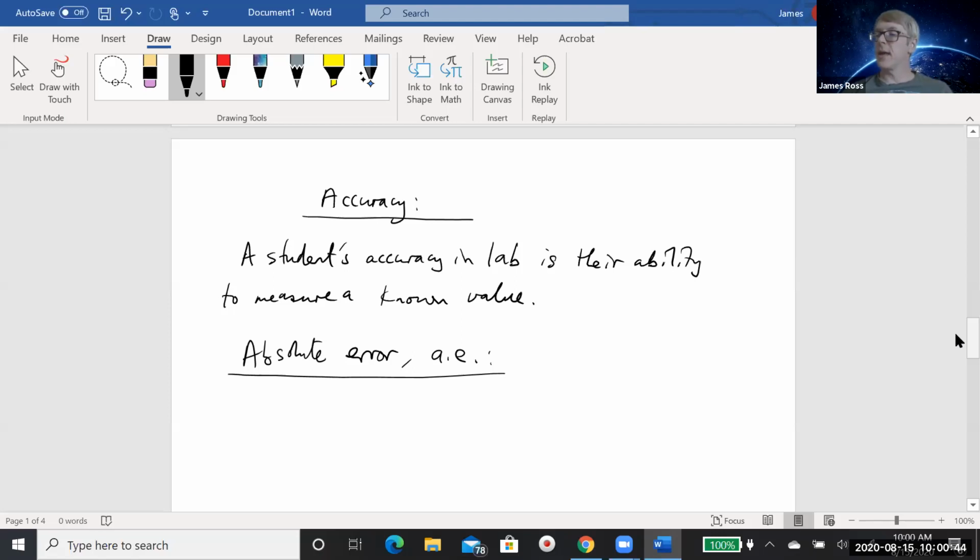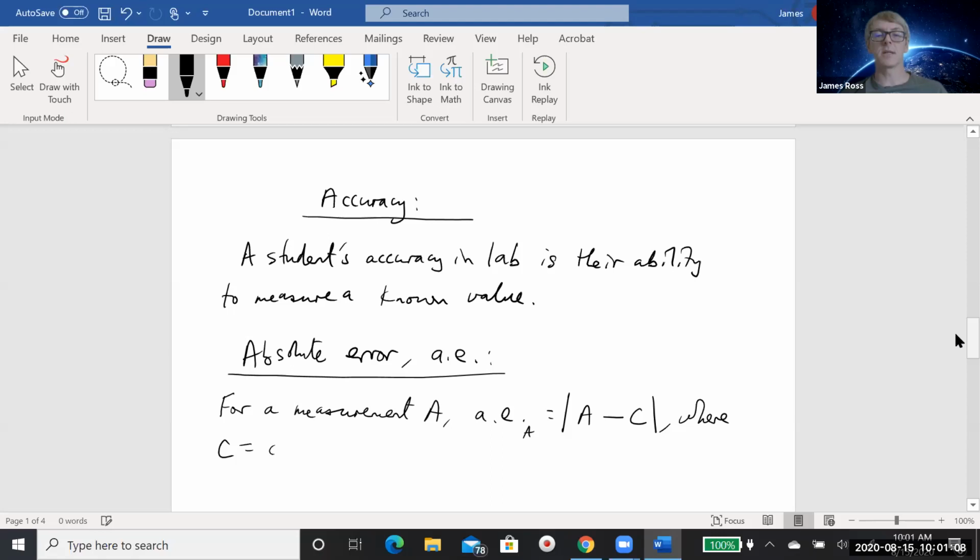So for a measurement A, the absolute error of A is the absolute difference between the measurement and the true value, where C is the correct, or typically what's known as the accepted value.